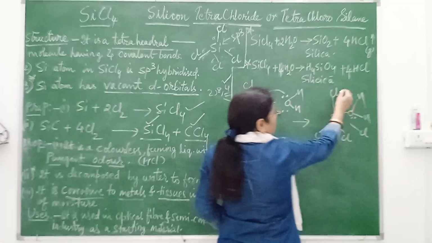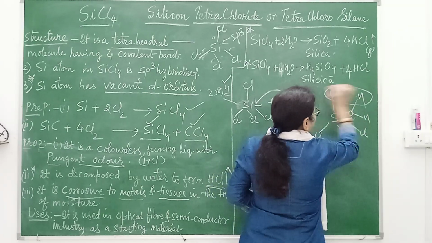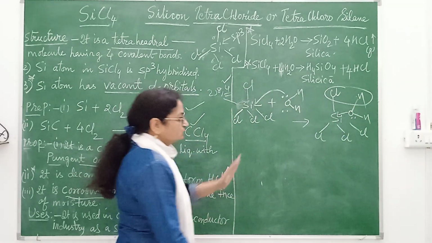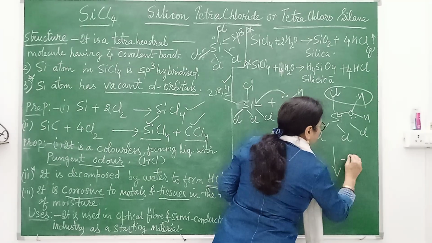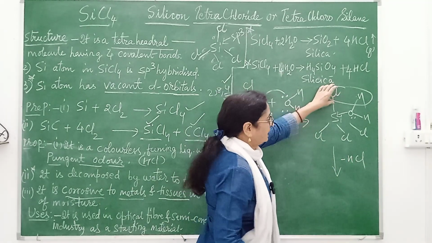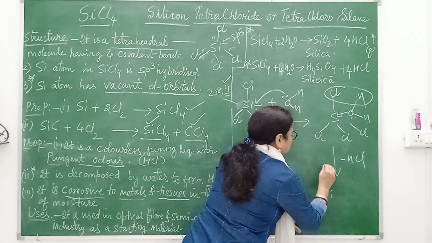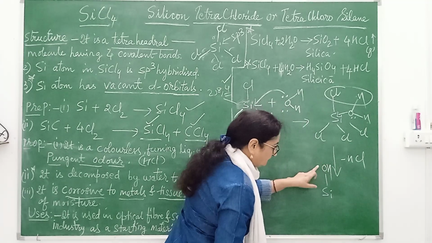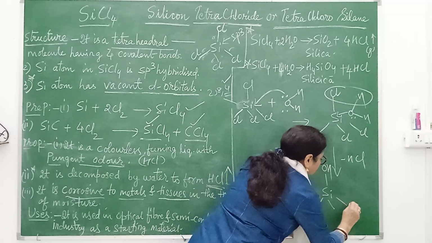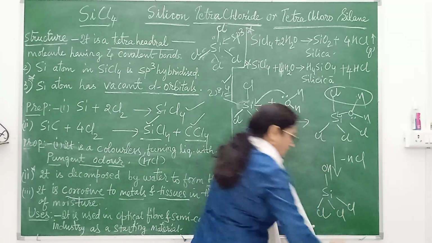So to satisfy the valency, again a molecule of HCl gets removed. So when molecule of HCl is removed, you can see Cl atom gets replaced by OH. Now we get the structure in this way. Silicon, Cl is replaced by OH, and 3 Cl atoms are present as it is.